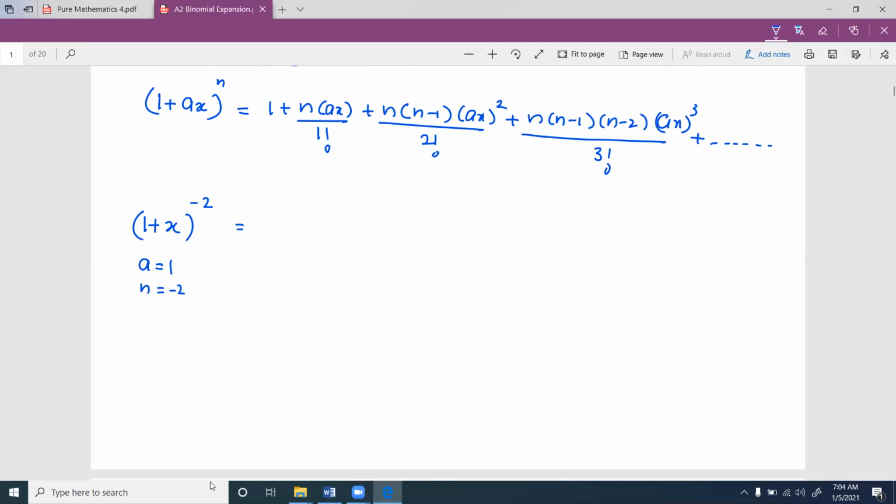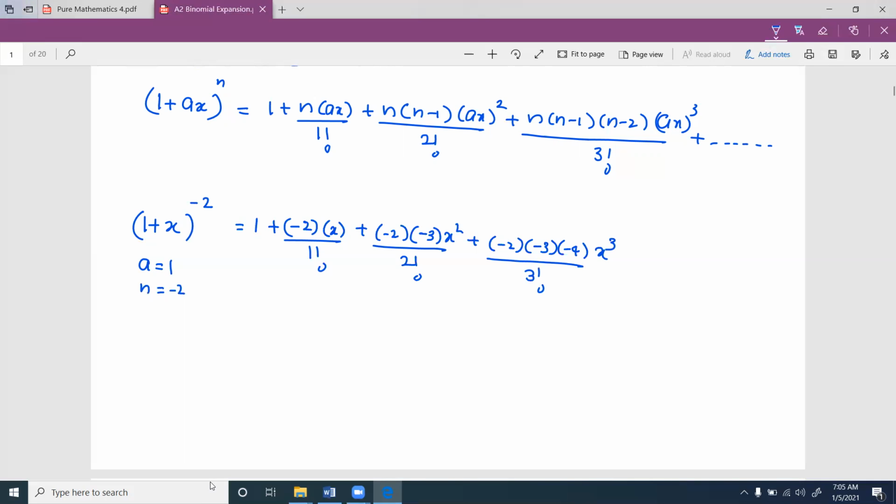Then you can say 1 plus minus 2 x divided by factorial 1. Then n minus 1, x squared divided by factorial 2. The next one, n minus 1, n minus 2, x to the power 3 over factorial 3. You will write only these terms.